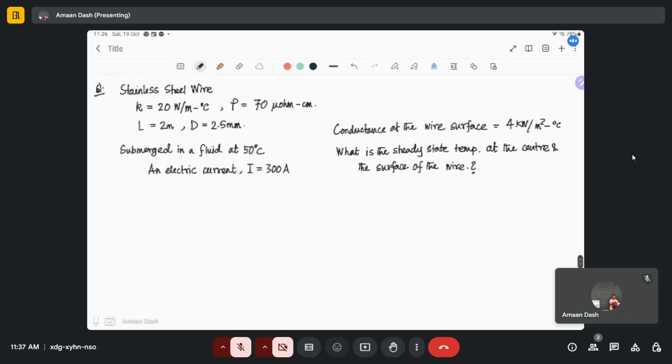Okay, so let us see. So first, let us calculate the electrical resistance of the wire. So the resistance is equal to rho times L by A, right? So this is nothing but 70 times 10 to the power of minus 6. Length is 2 meters.